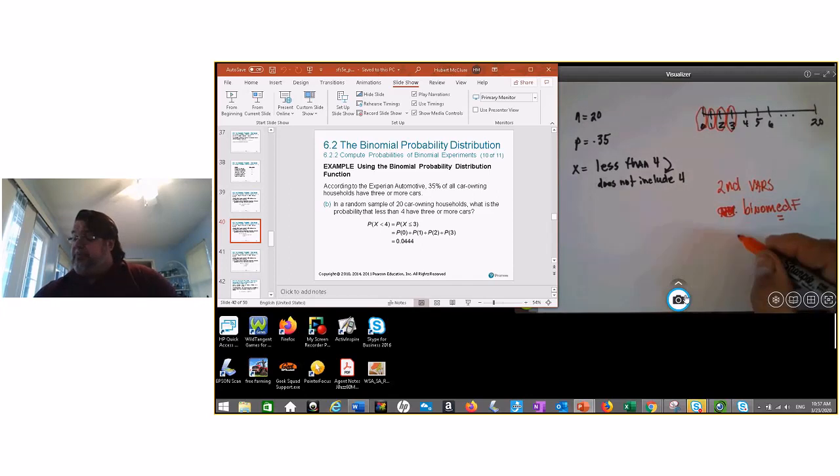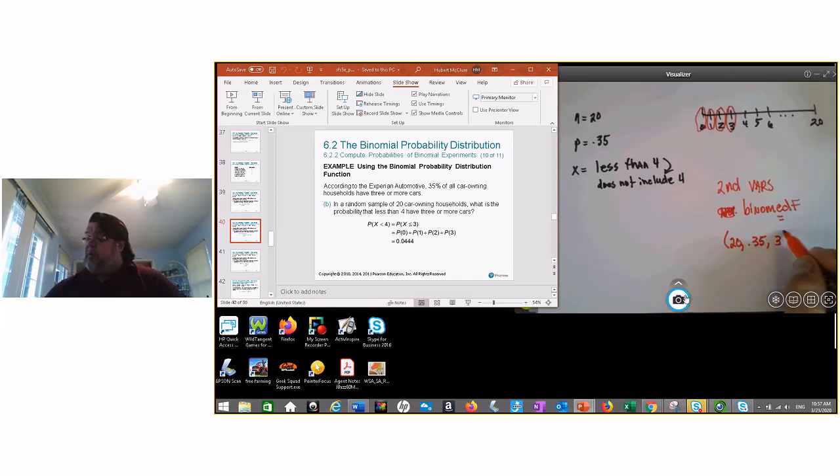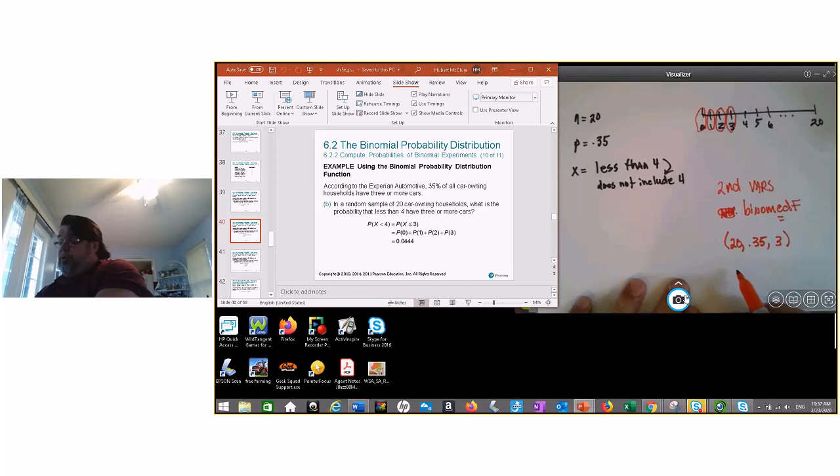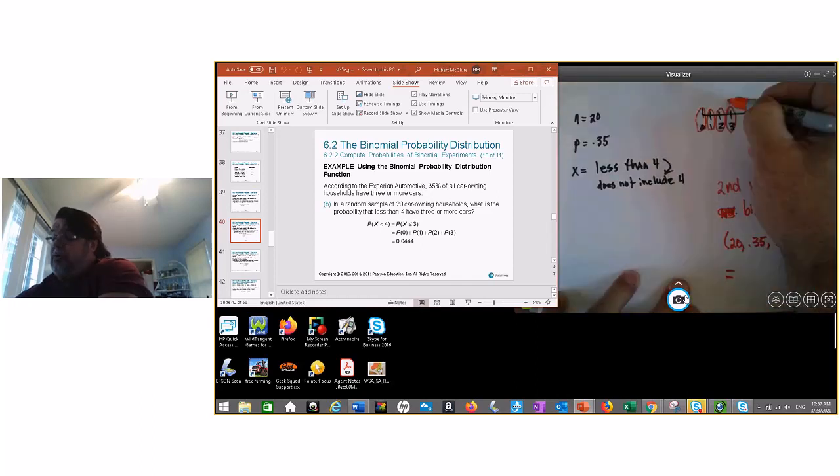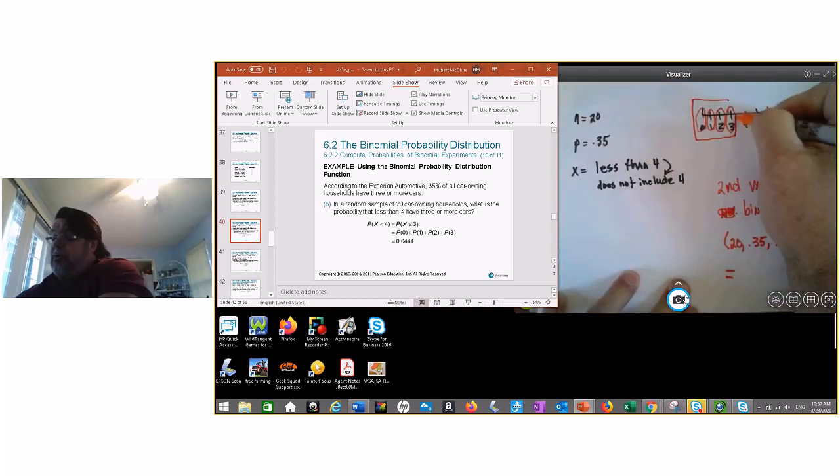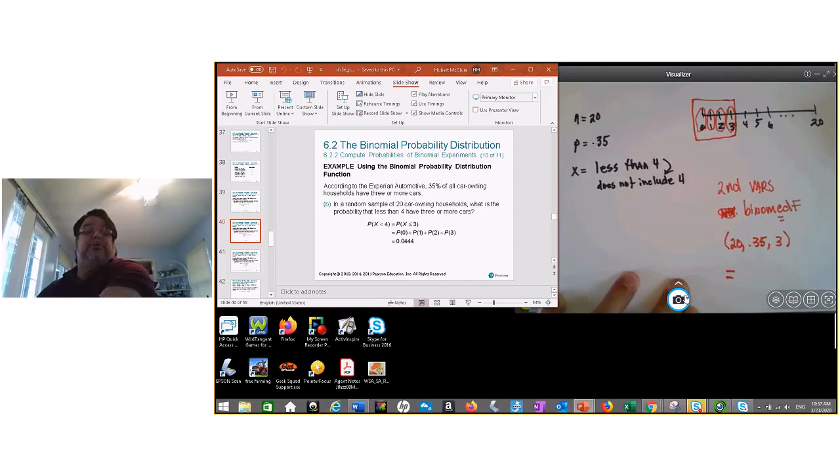And I'm going to type in 20, 0.35, and 3. And that should give you this probability of all three of these added up of 0.0444. And that's called a cumulative probability.